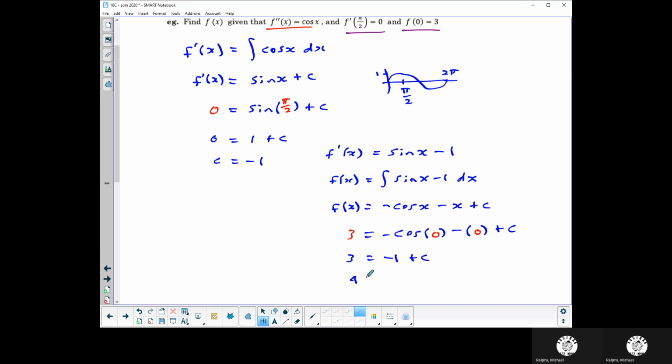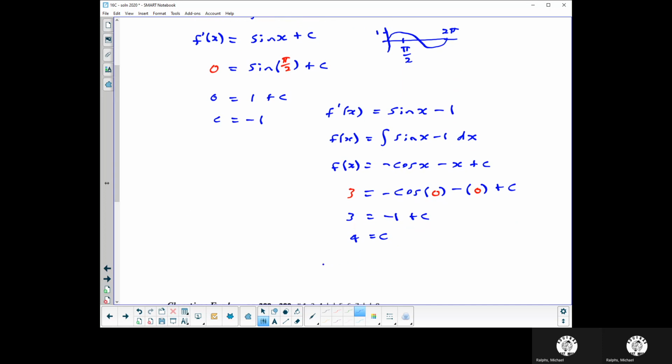So then this gives us c equals 4. So the function itself that we're looking for is negative cosine x minus x plus 4.